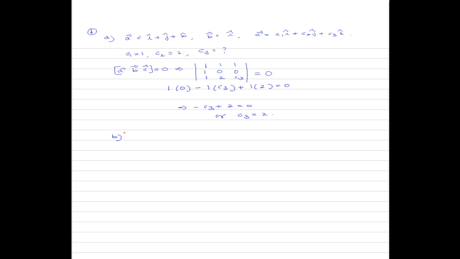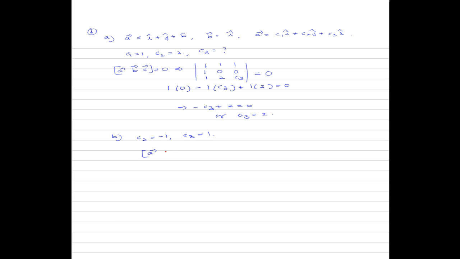The second part of the problem, it is given that c2 is equal to minus 1 and c3 is equal to 1. Show that no value of c1 can make a vector, b vector, c vector coplanar. So we don't know what is c1, so let us try to find out the scalar triple product.